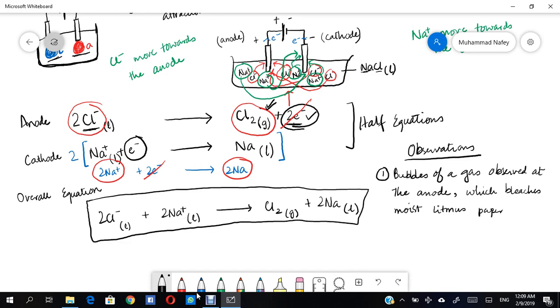And what happens at the cathode? Liquid sodium metal is produced at the cathode, and this will manifest itself as a grayish silverish deposit below the cathode.